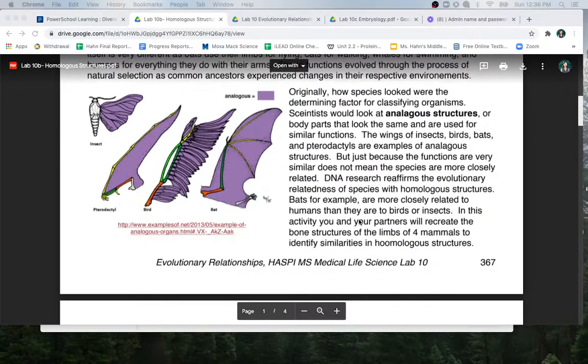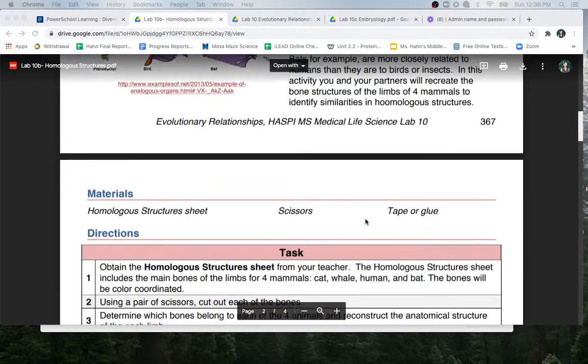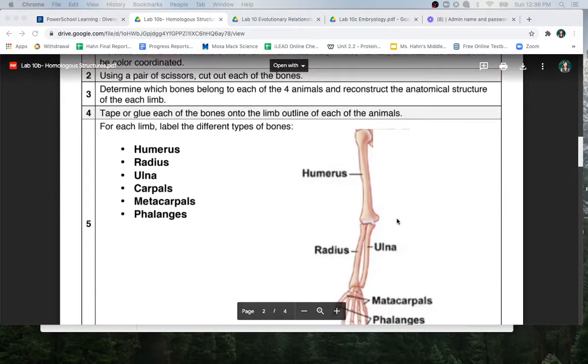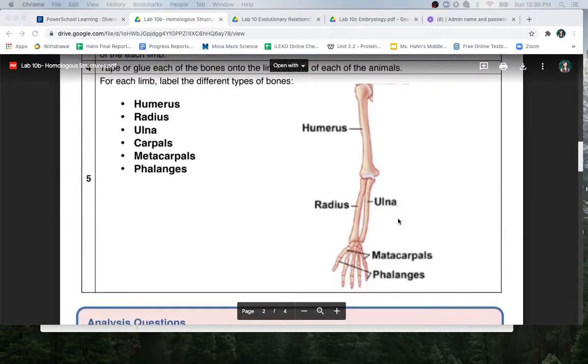What you guys are going to be doing is looking at the arms of different mammals, and you're going to see how the different bones of the arm are similar in different animals. For example, all of our limb bones have a humerus, which is our upper arm.